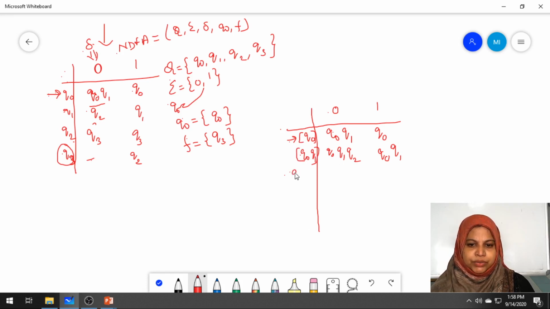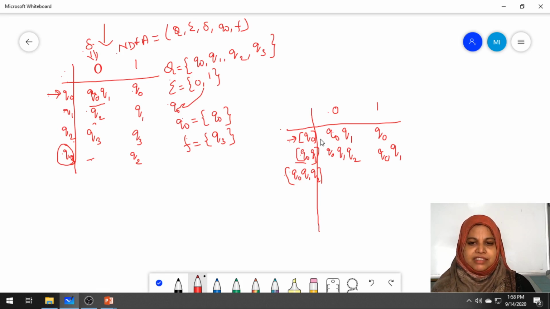Q0, Q1 is already there, so it is not a new state and we do not process it again. Now our new state is Q0, Q1, Q2.